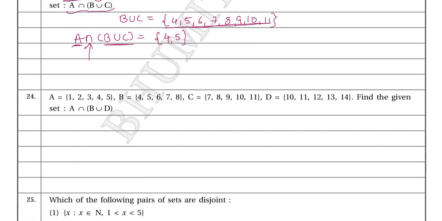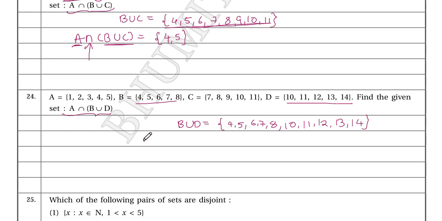Look at the next question. A intersection (B union D). So again the same thing. We will find out first B union D. So B is 4, 5, 6, 7, 8. D is 10, 11, 12, 13, 14. So B union D is 4, 5, 6, 7, 8, 10, 11, 12, 13 and 14.